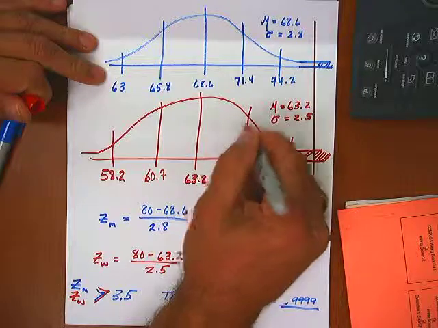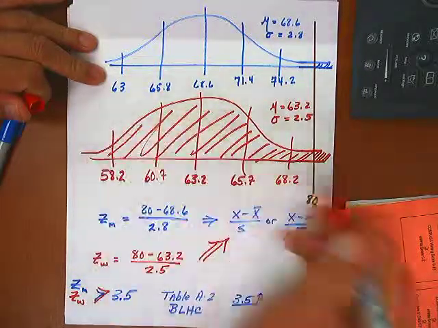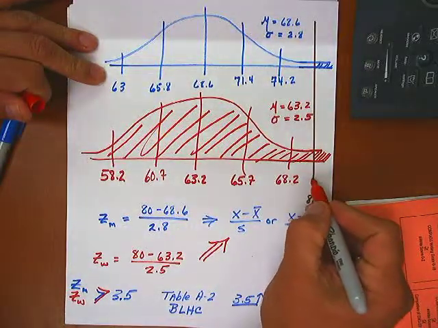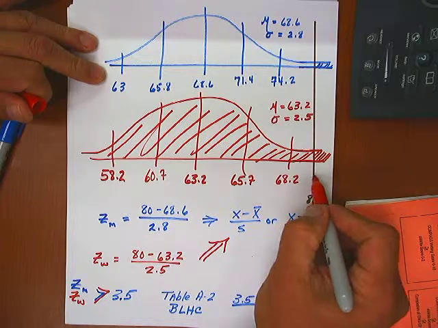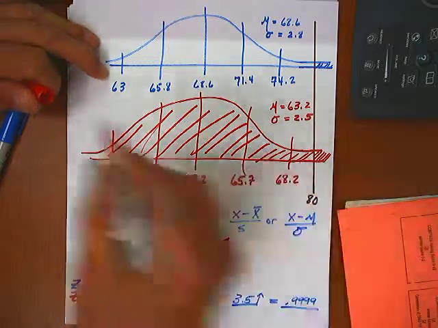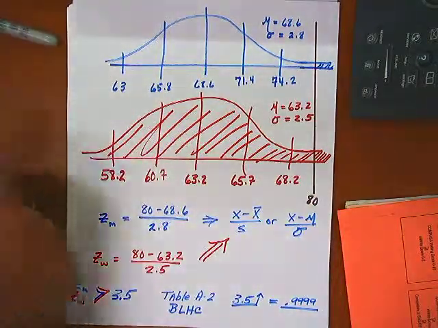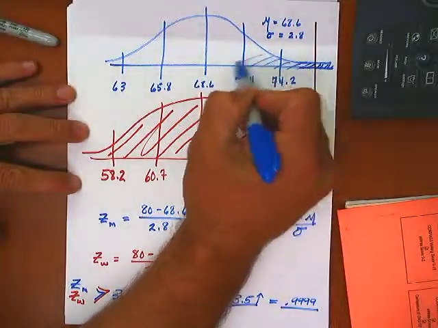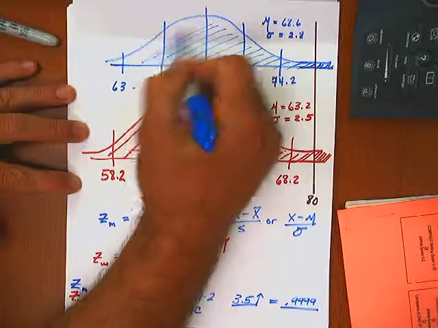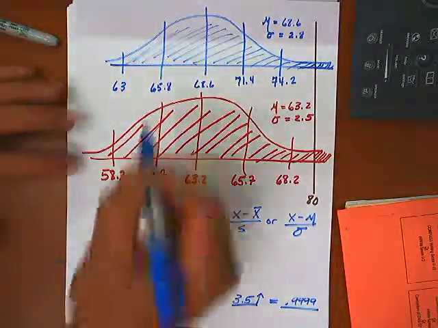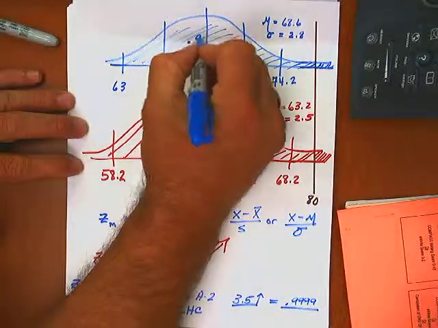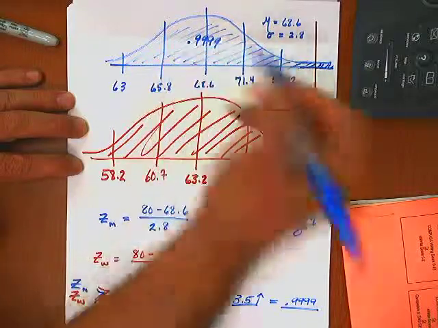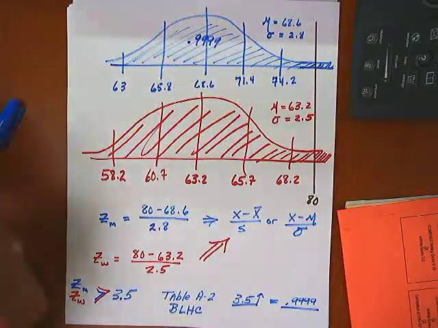Now, the red area is 0.9999 because it's greater than 3.5. I think z comes out to be 6 or something, I don't have the number right now. And this one comes out to be 4. They're both the same areas because they're both over 3.5.